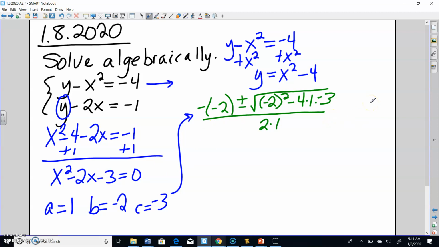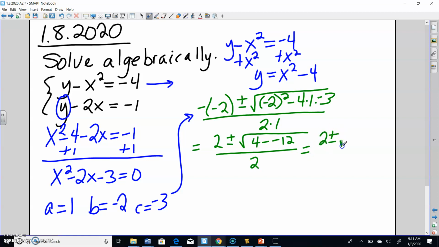Okay. So now I just do some simplifying, and that's going to be 2 plus or minus. I get 4 minus 4 times 1 times a negative 3, which is a negative 12, over 2. So that gives me 2 plus or minus the square root of 16 over 2.